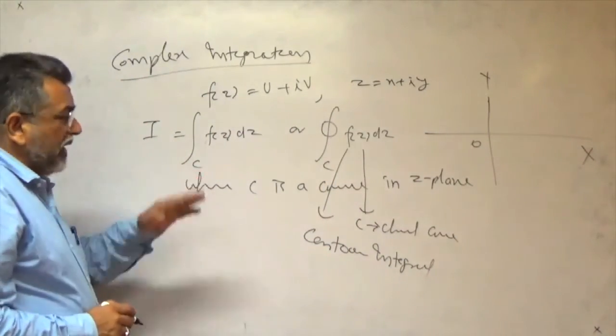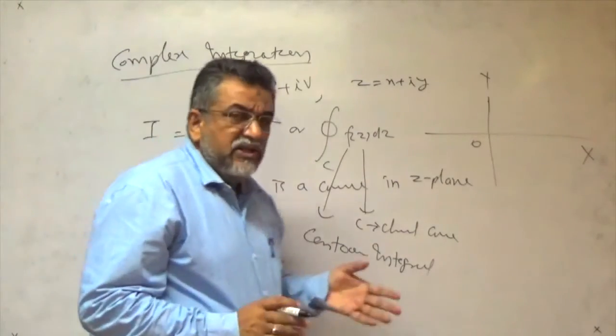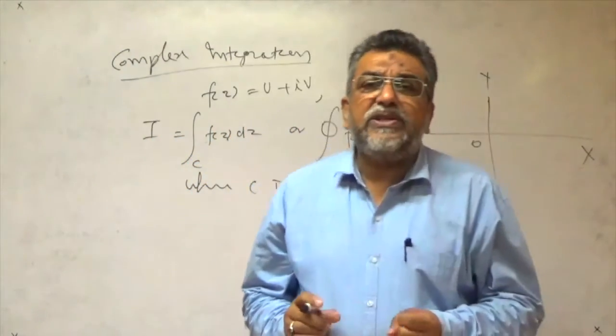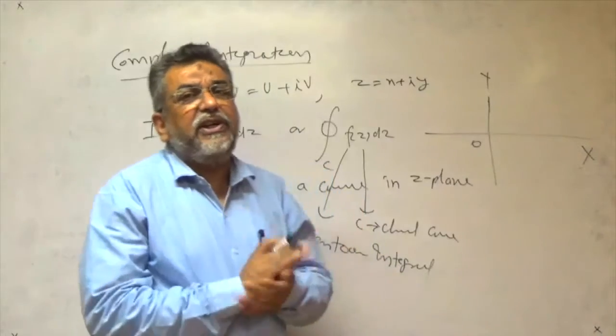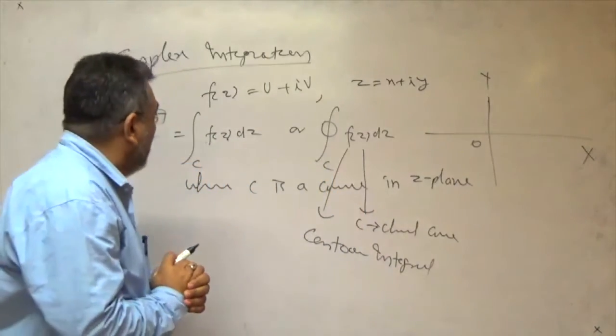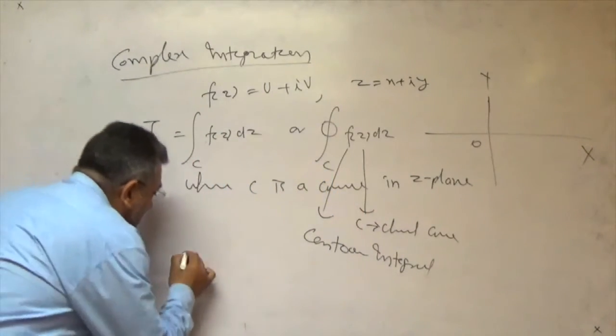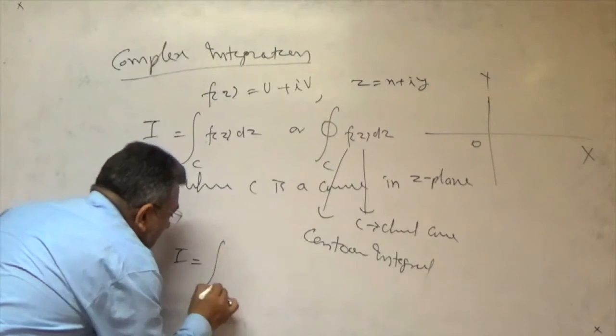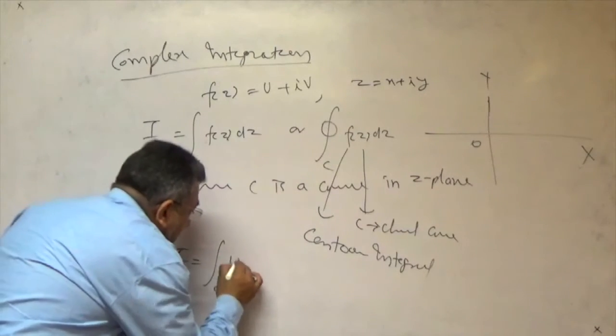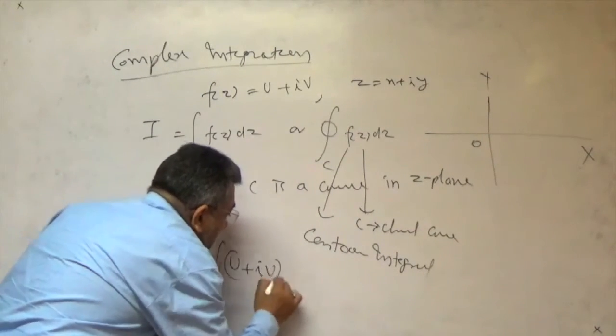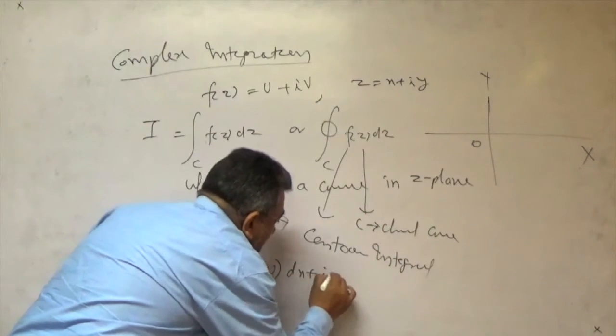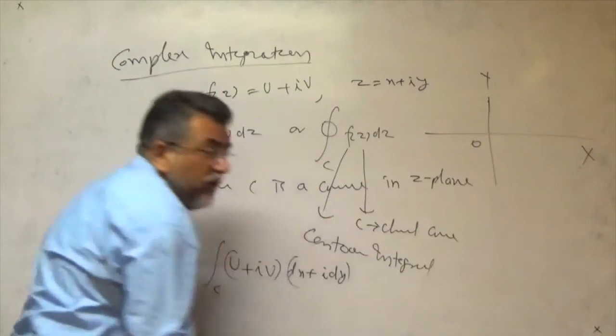This is the path. Naturally, from this definition, you can see that the complex integral is a type of definite integral because it is along the path. So we can open this complex integral in notation, because you know that f(z) = u + iv and dz = dx + i dy, because z = x + iy.